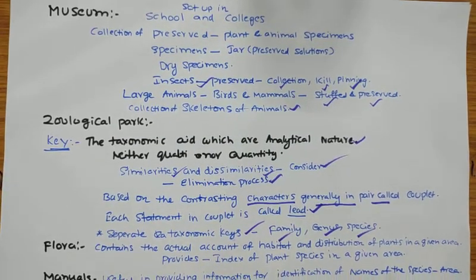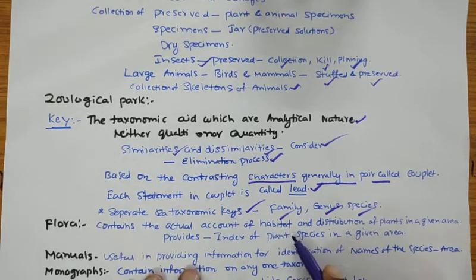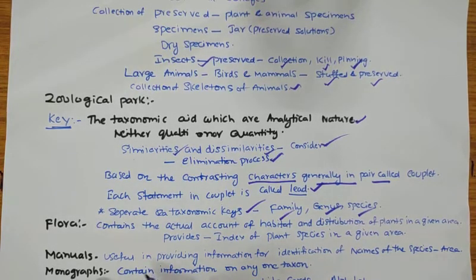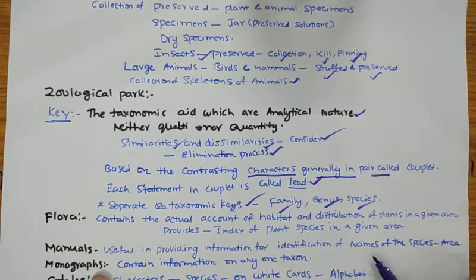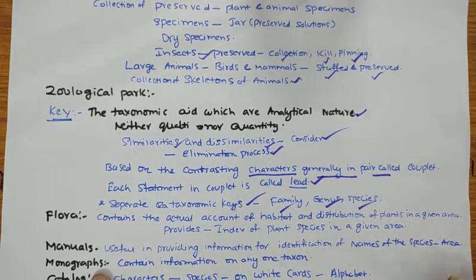Then another taxonomic aid is flora, which contains the actual account of habitat and distribution of plants in a given area. It provides an index of the plant species in a given area. Then manuals are useful in providing information for identification of names of species in a particular area.